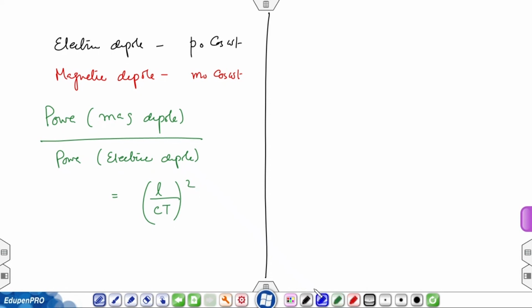I can express it in two ways. L over T is like the velocity, so v over c square, or I can also use that c T is lambda, so L over lambda whole square.